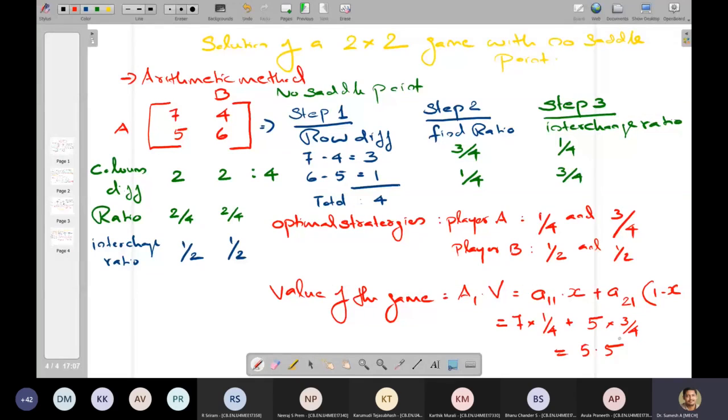Is that part clear? How we are finding the value of the game if no saddle point exists?